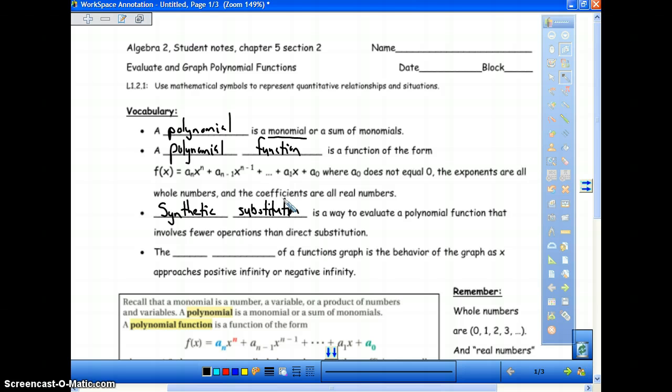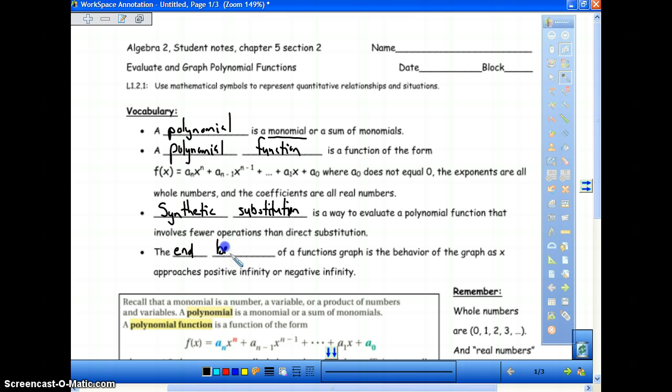So the substitution that you've usually done is just take a number, substitute it in for the x value into your calculator, and then you get an answer. Synthetic substitution is a way to do it without that longer way or using a calculator, and you'll kind of see that.